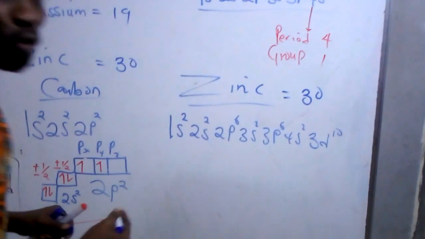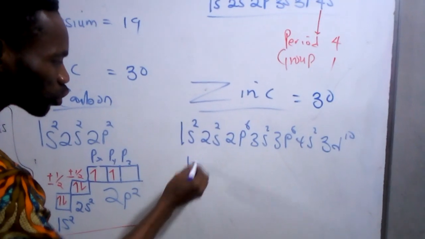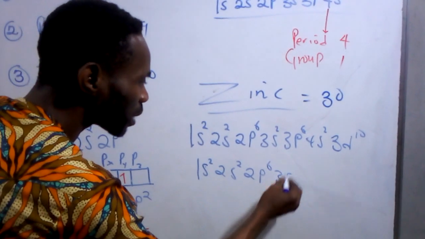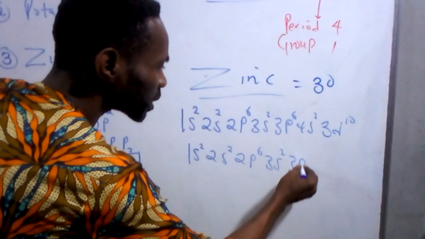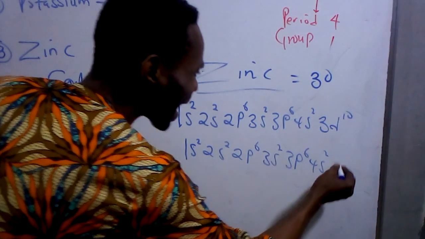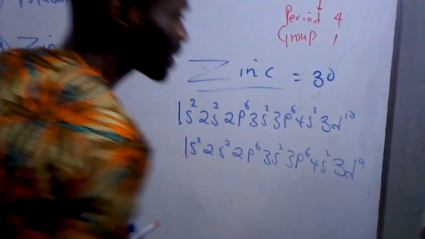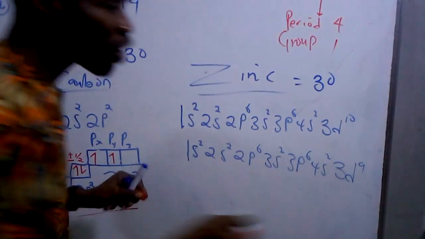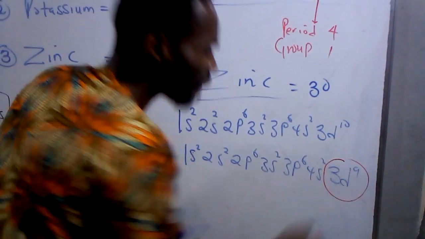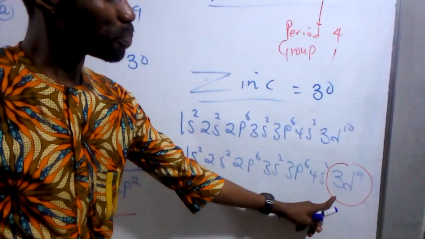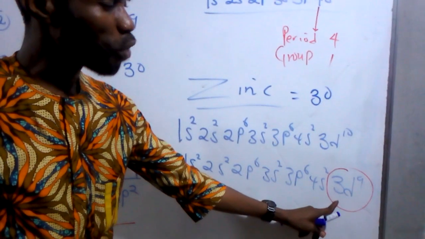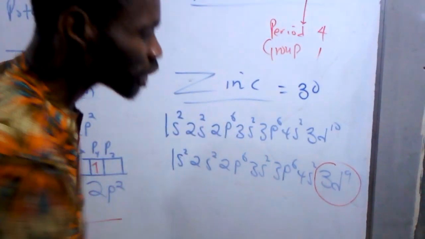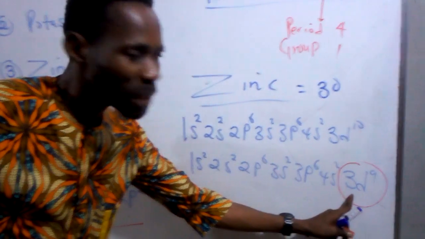Now compare this to copper: 1s2, 2s2, 2p6, 3s2, 3p6, 4s2, and 3d9. The d orbital here is supposed to have 10 electrons to be complete, because the d orbital carries a maximum of 10 electrons. But here you can see that it is not completely filled.